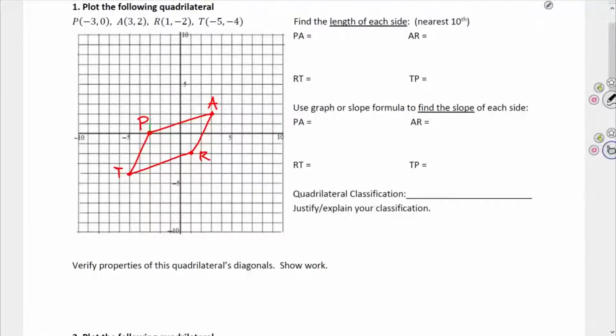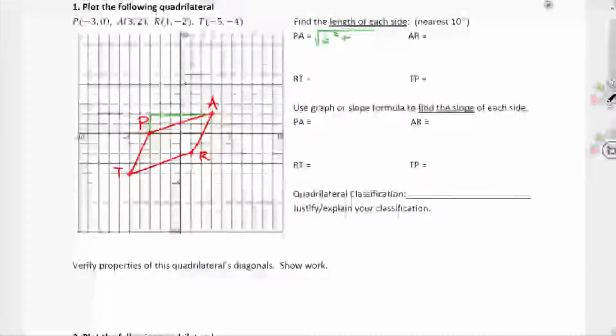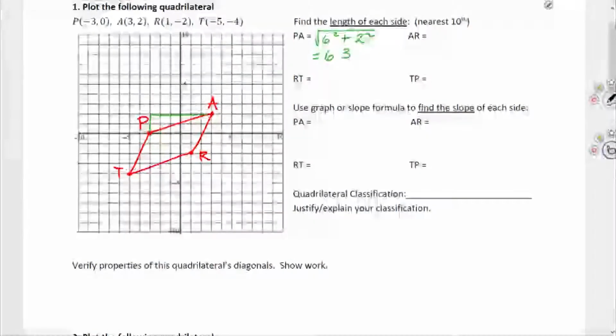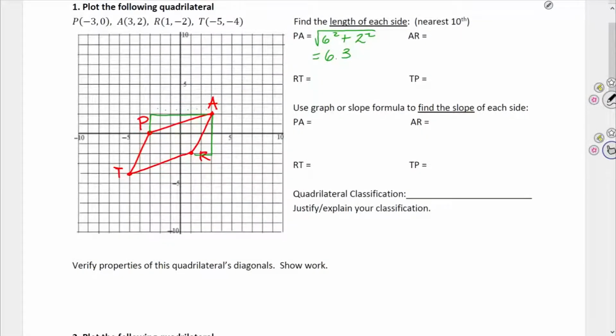First, for PA, I'll think about this right triangle using the tool I taught you in the previous video. The length of PA is the square root of 6 squared plus 2 squared, which is 6.3. And the length of AR, using this right triangle, is the square root of 2 squared plus 4 squared, which is 4.5.